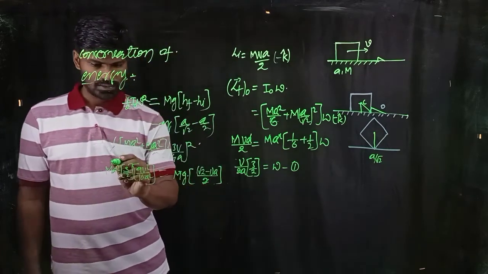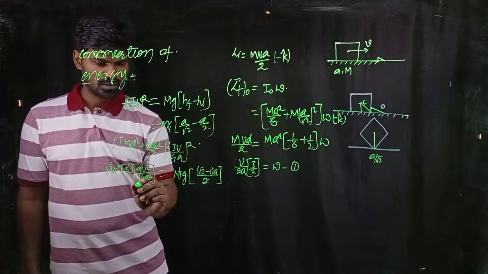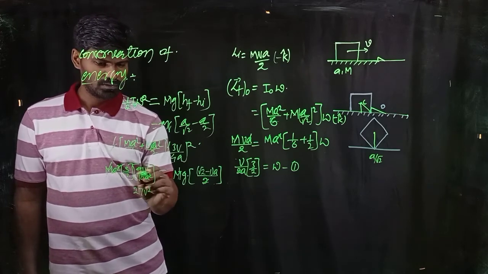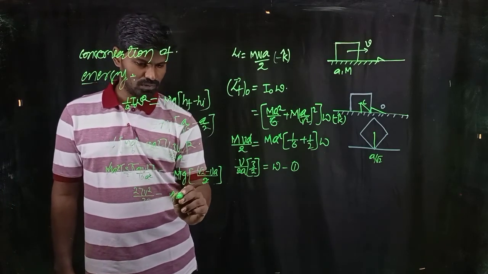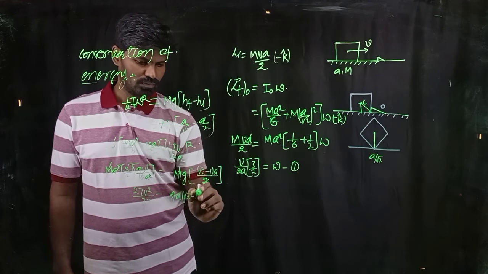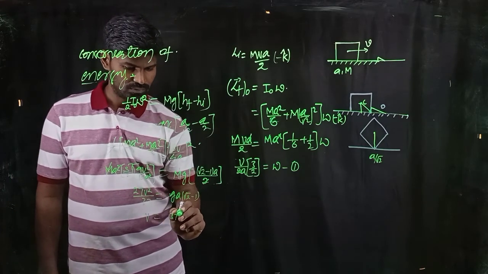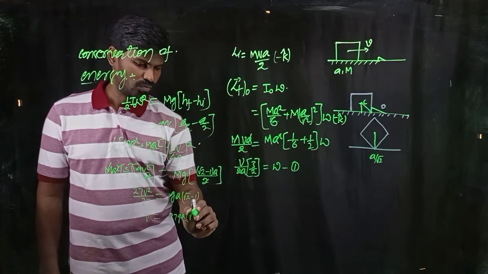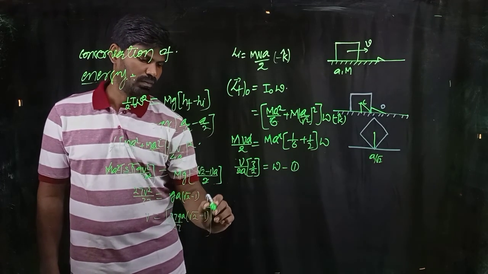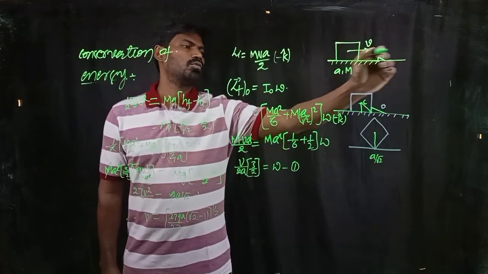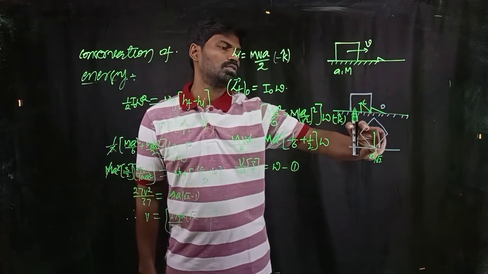Through this, what can I cancel? m gets cancelled, a square gets cancelled. 9 3s are 27, v square divided by 16, 2s are 32, is equal to g into a into root 2 minus 1. Therefore v is equal to 32 g a into root 2 minus 1 divided by 27, whole power 1 by 2. This is the minimum speed with which it should move to the right, such that after colliding with this obstacle, it will be in a position to roll over.